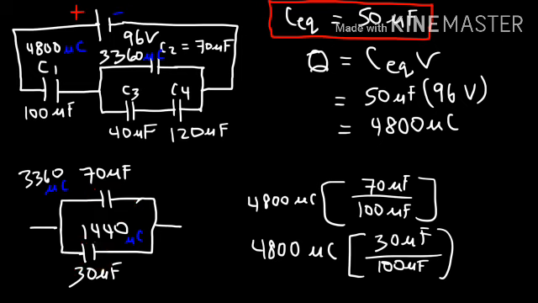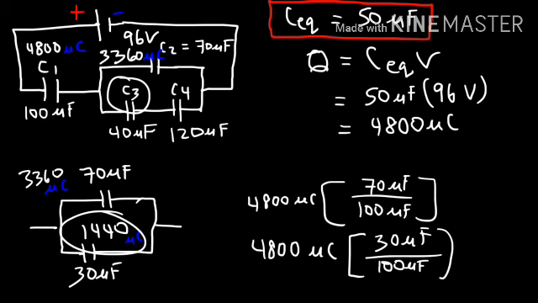Now, how can we use this value to calculate the charge on C3 and C4? Now remember, whenever you have two capacitors in parallel, the voltage is the same across those two capacitors. If you have two capacitors in series, the charge is the same. So the charge on C3 is the same as the charge on C4, which is the same as the charge on the equivalent capacitance of C3 and C4.